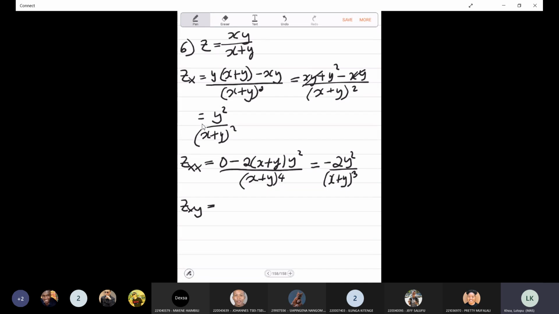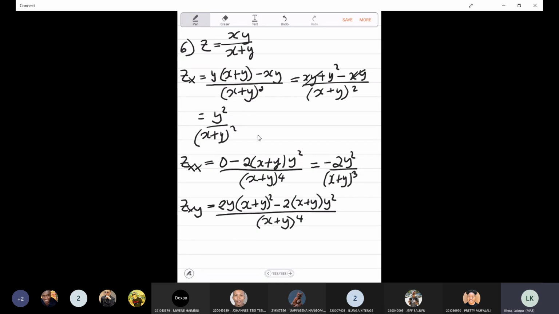I use the quotient rule: the derivative of the numerator, which is 2y, times the denominator the way it is, minus the derivative of the denominator multiplied by the numerator the way it is, all divided by x plus y to the power of 4.